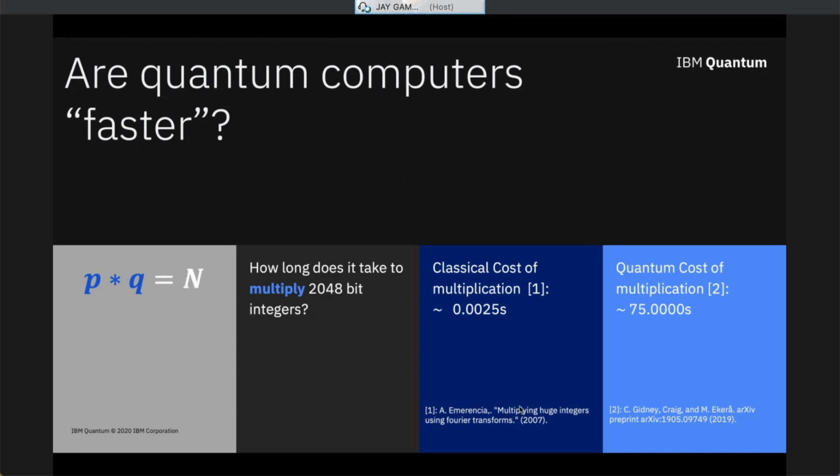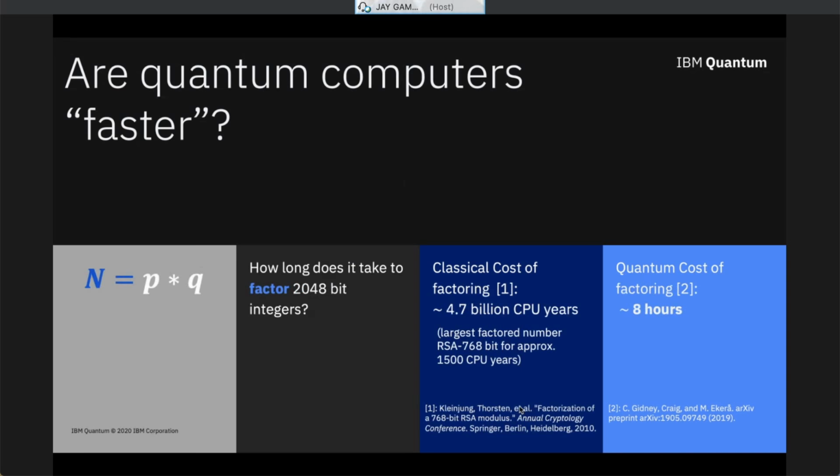And if we were to ask how long a quantum computer would take to do that, assuming gate errors and whatever corrections going on, it would take much more, maybe as estimated in this paper that I reference here, 75 seconds. I don't want to focus too much on the absolute numbers, but the point here is really to highlight that we don't expect a quantum computer to be able to multiply two numbers faster than a classical computer. So it's not actually faster.